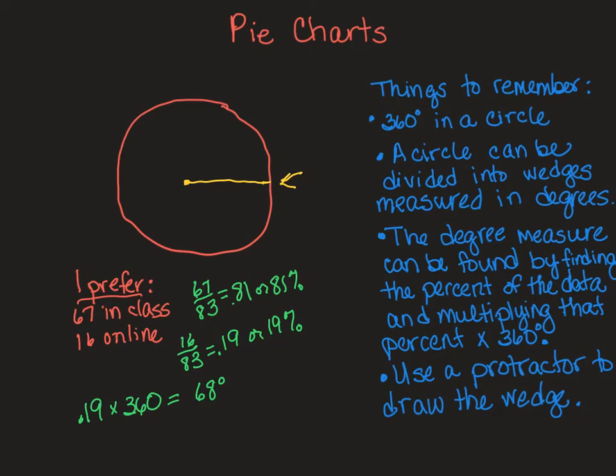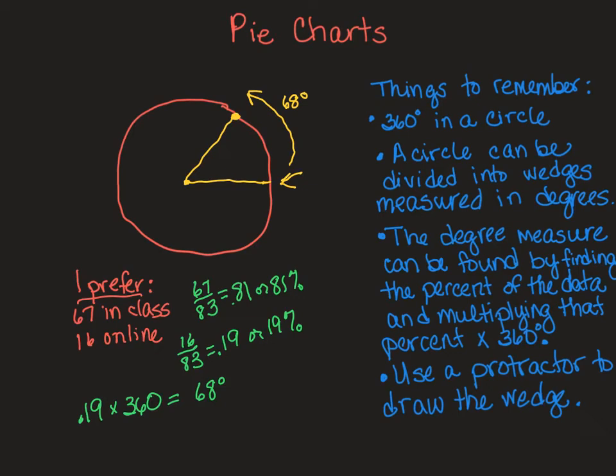I'm going to put the protractor down on that line, the bottom edge, and find where 68 degrees is. I'm going to mark that space, and I'm going to say it's probably around here because I don't have a protractor right here, and I'm going to connect those lines.